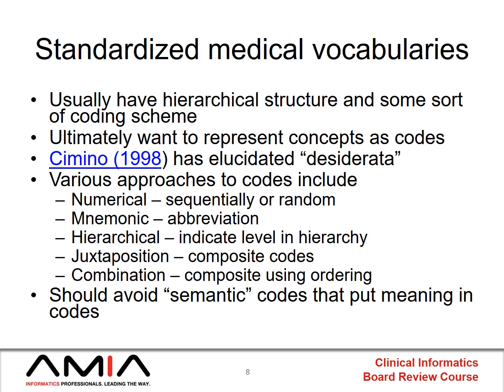There may be composite codes that use juxtaposition of different codes or even some sort of ordering in combination. One key aspect of codes that Cimino and others emphasize is that we should avoid semantic codes, putting meaning into codes. For example, mnemonic codes that may express what the actual meaning of the term is, because the meaning of the term may change.